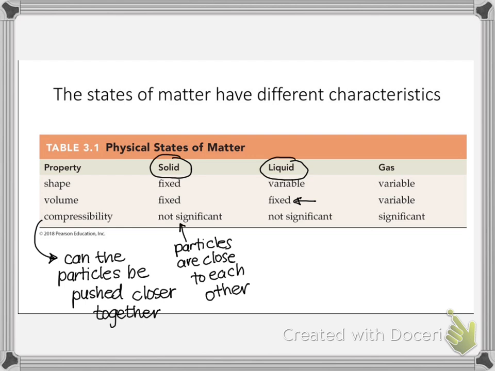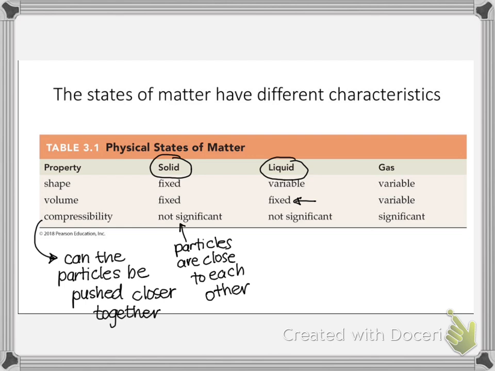Because if you were cooking, and let's say you're making muffins and you have a cup of buttermilk that you're going to add to them. So a cup, which is an English measurement unit of measure that we wouldn't use in lab, but it still is a measurement of volume. So if I poured out a cup of buttermilk and then I'm going to put it into my bowl, the buttermilk doesn't stay in the same shape that it was in the measuring cup. It now takes on the shape of whatever part of the container it's in.